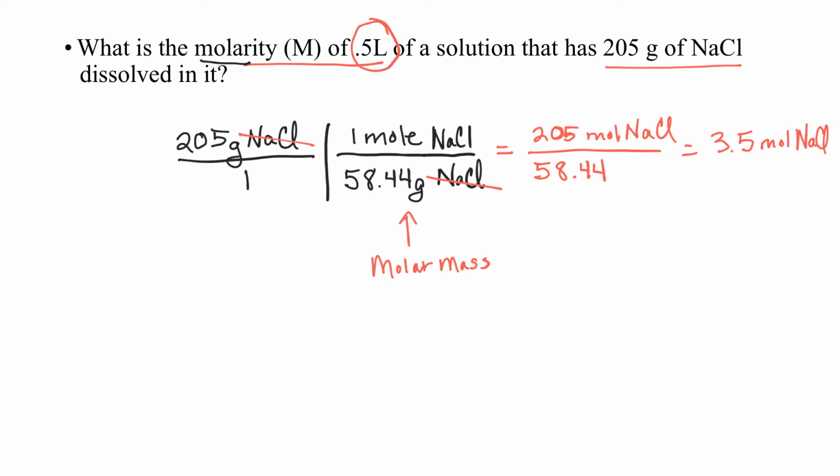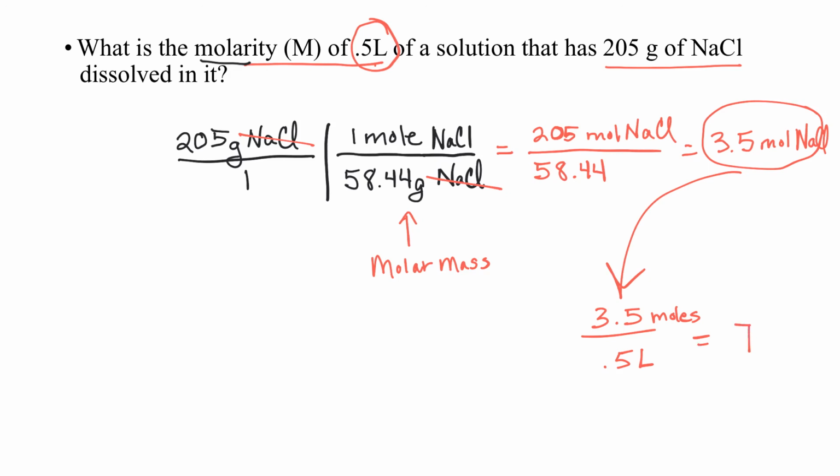So now all we have to do is take this answer, and remember, molarity is moles per liter, so we're going to take this answer and we're going to divide it by 0.5. So 3.5 moles divided by 0.5 liters is 7.